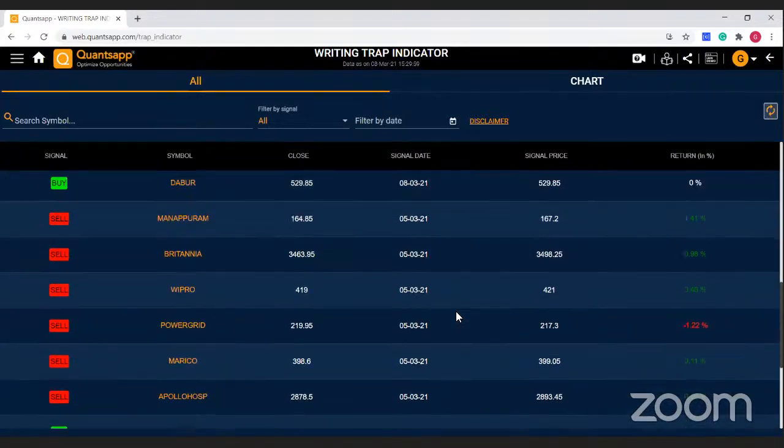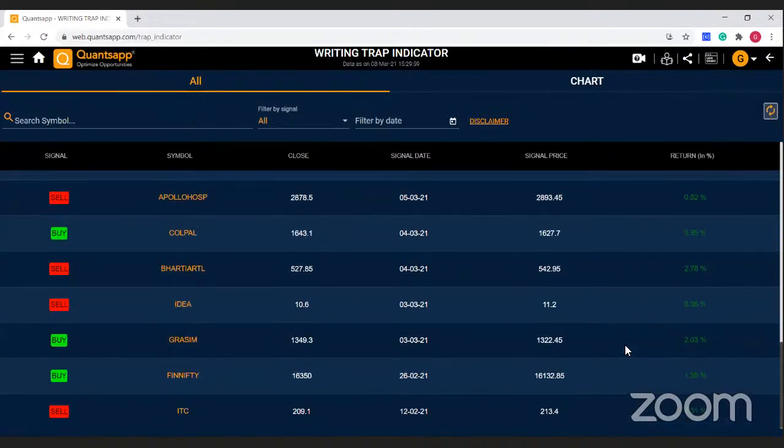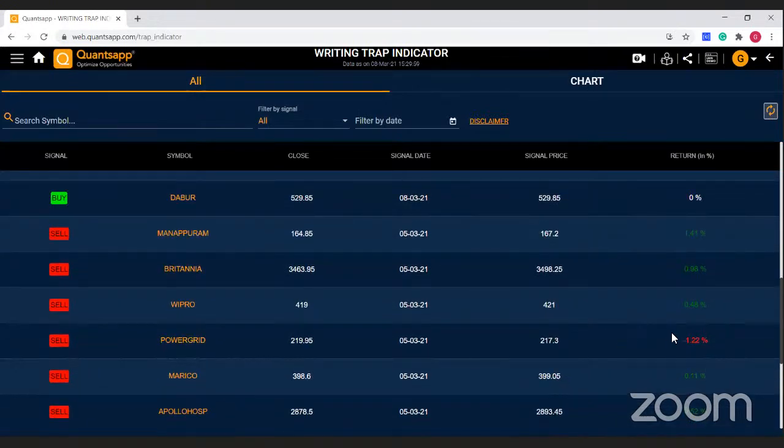You can see a good amount of return that this tool provides. And there are some stocks like Power Grid where small losses have happened, but it is still on the watch list of this tool, meaning the writers are still trapped in that particular scrip.